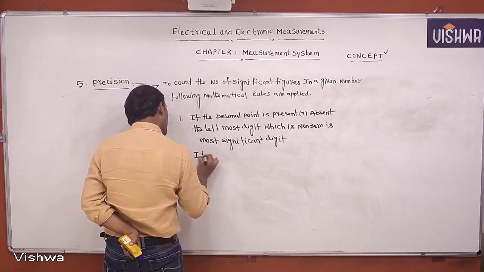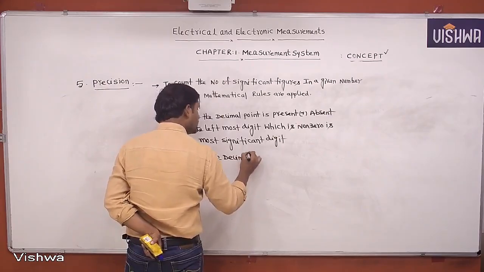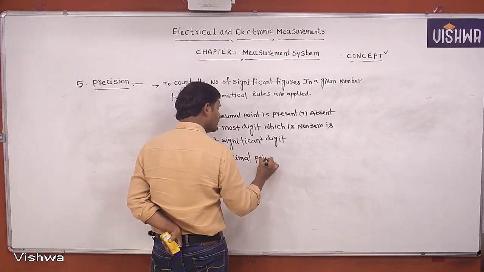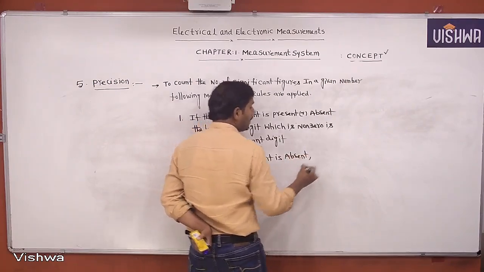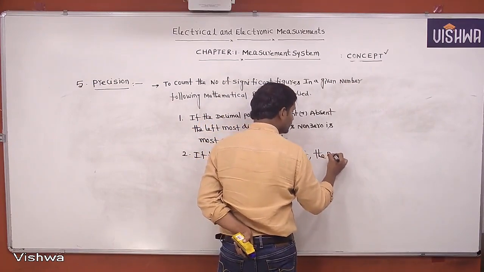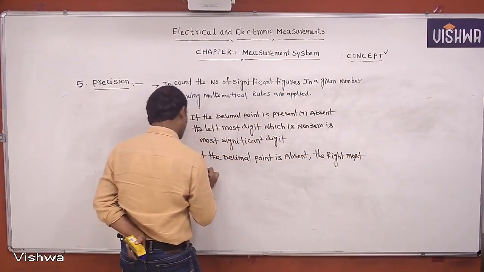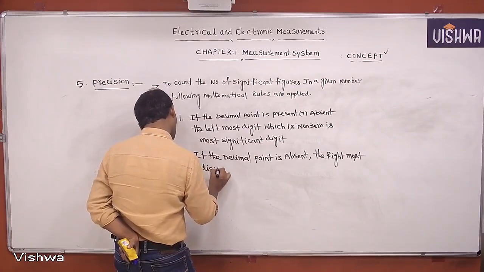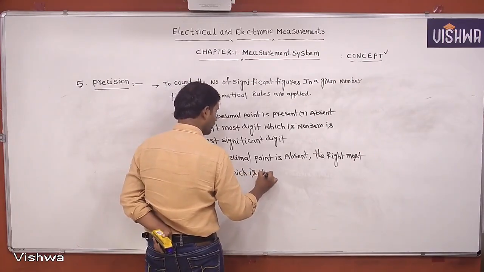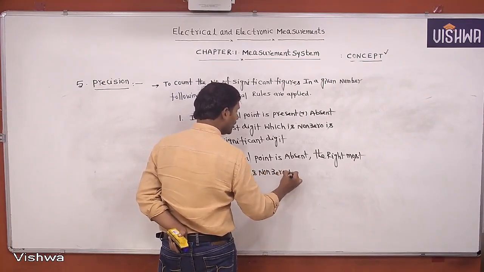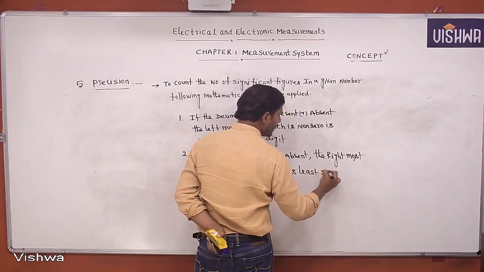If the decimal point is absent, the rightmost digit which is non-zero is the least significant digit.